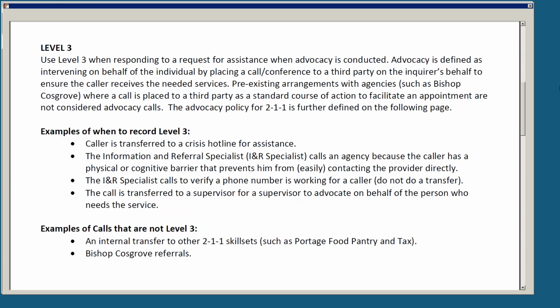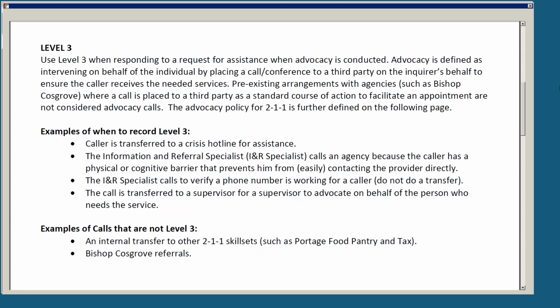Examples of when to record a level 3. The caller is transferred to a crisis hotline for assistance. The navigation specialist calls an agency because the caller has a physical or a cognitive barrier that prevents him or her from easily contacting the provider directly.